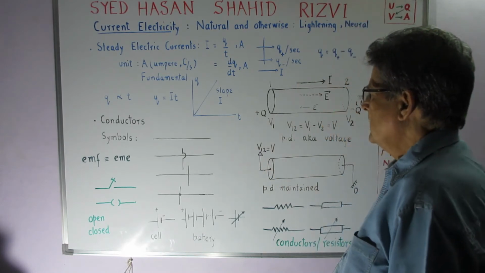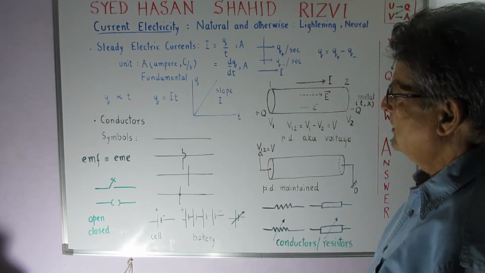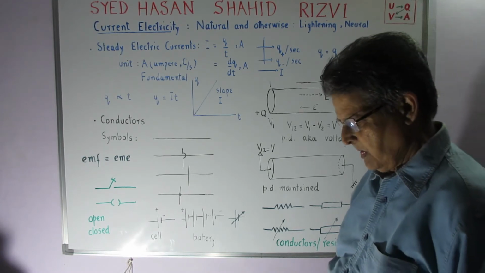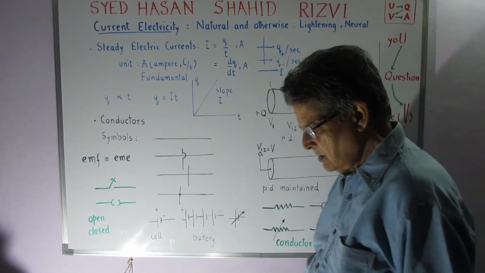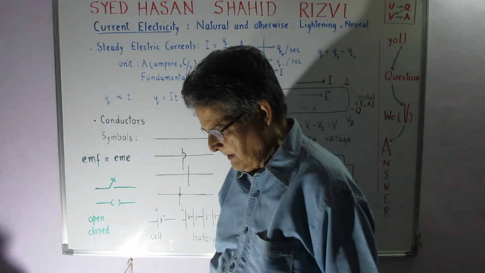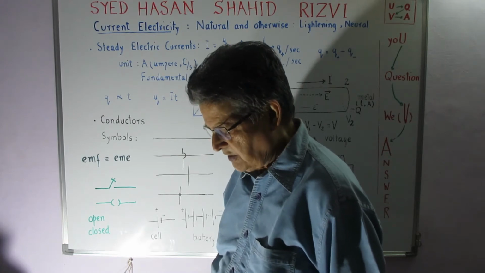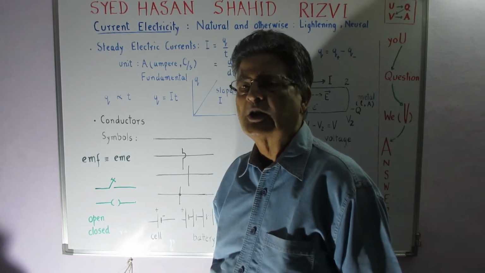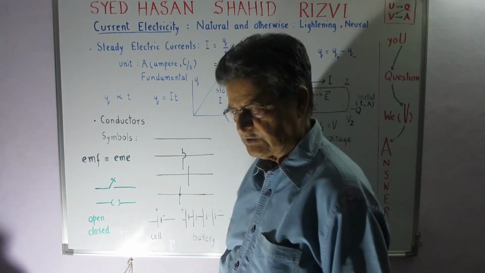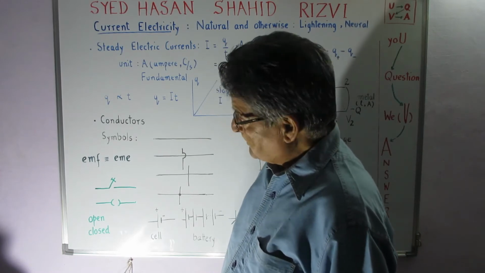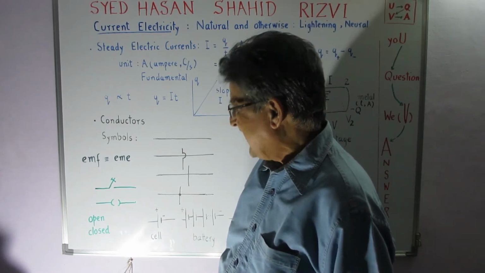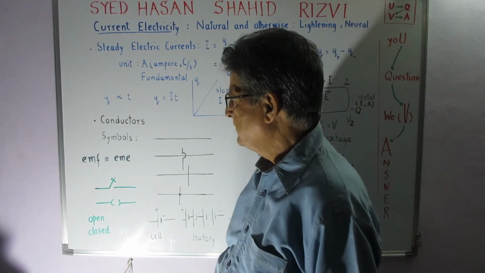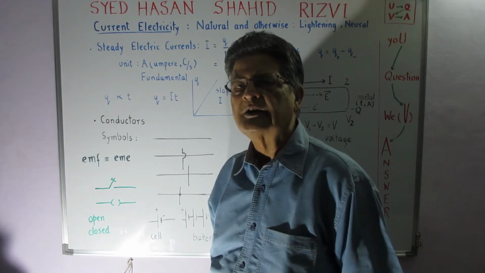Now let's talk about certain things. For example, conductors. When I say conductors, we are talking about good conductors, which are not insulators, not semiconductors, etc. Normally metals. And one of the properties which differentiates one conductor from another conductor is called conductivity.